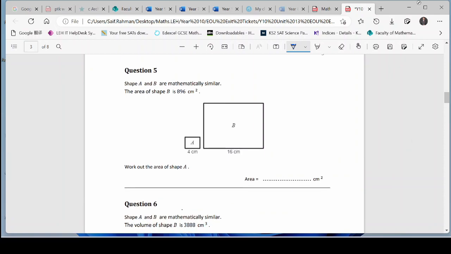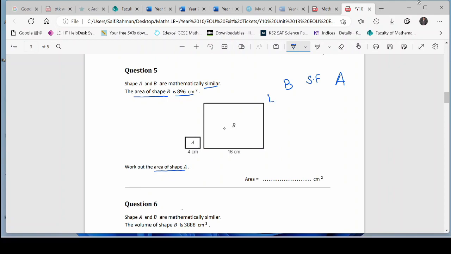Here, shape A and B are mathematically similar. The area of shape B is this one, and we have to find the area of shape A. So we have to find the area of this smaller one. And here we can see first how we can solve this question: there is shape B and there is shape A, and there is a scale factor between these two.